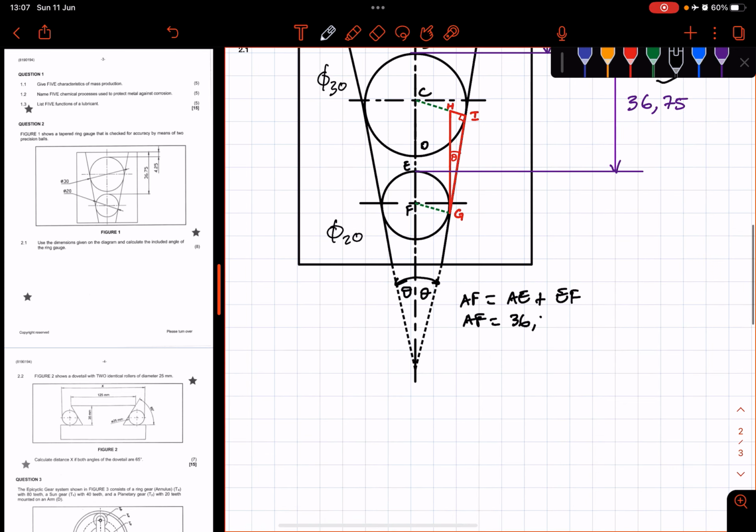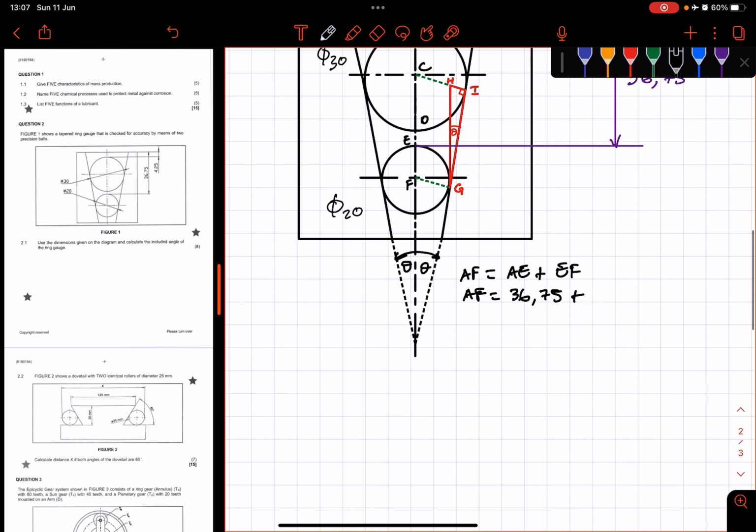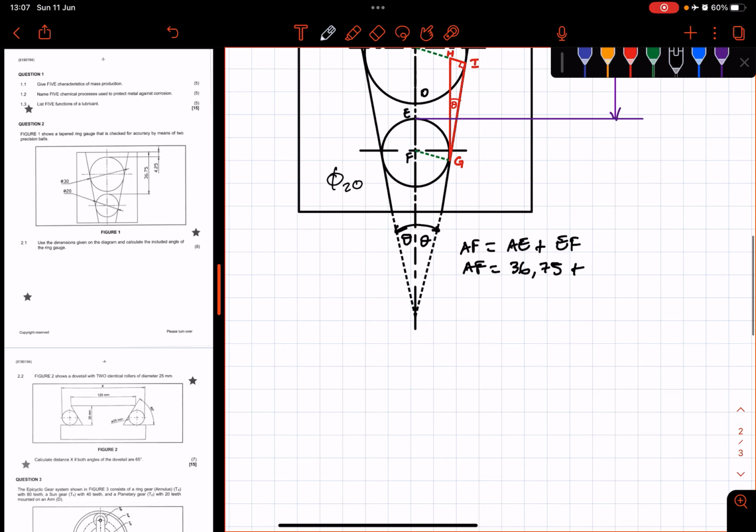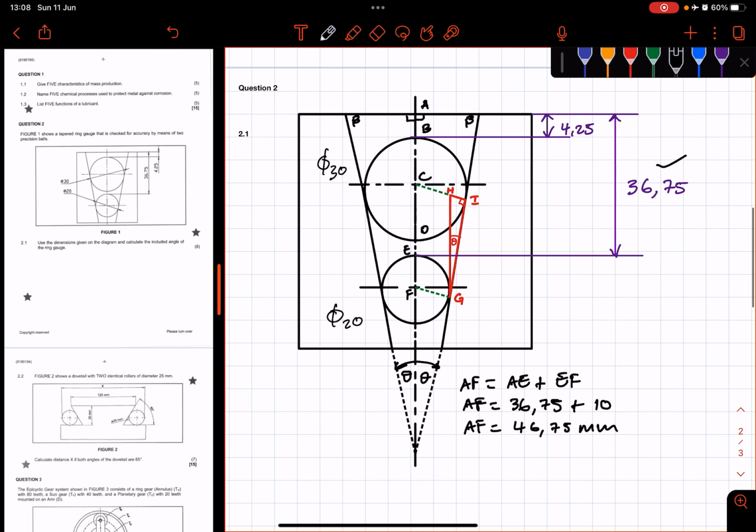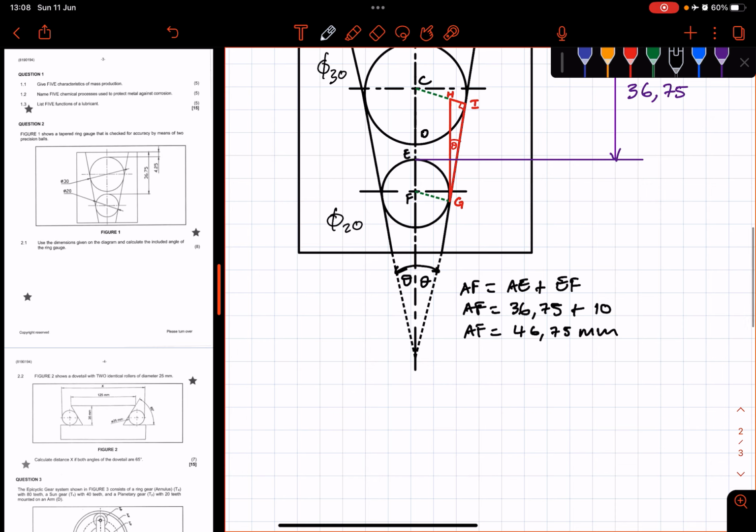So 36.75 plus EF, which is equal to what? The radius of the 20mm precision ball, so 10. So what is AF equal to? AF is equal to 46.75 millimeters. Now, what is AF also equal to?